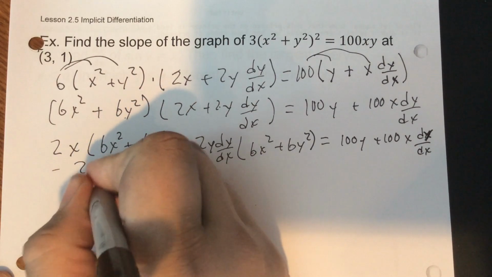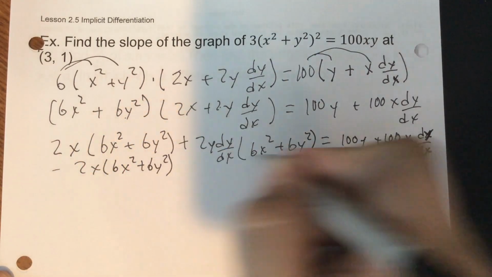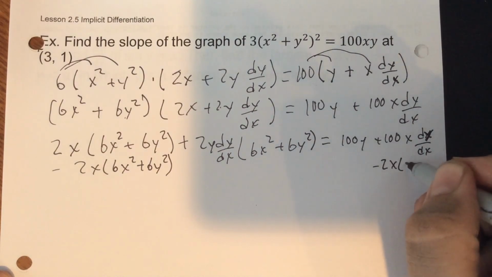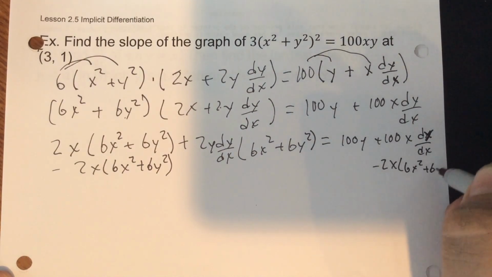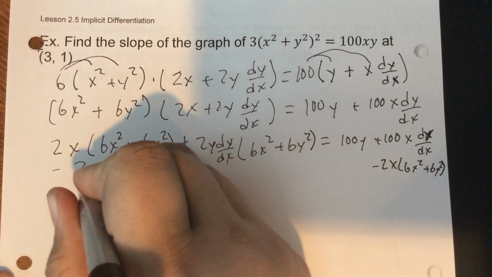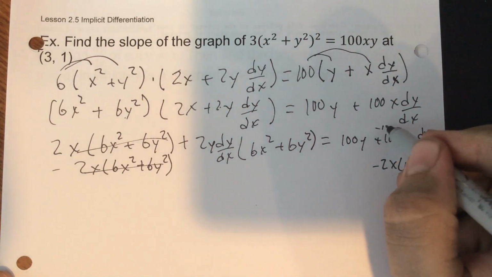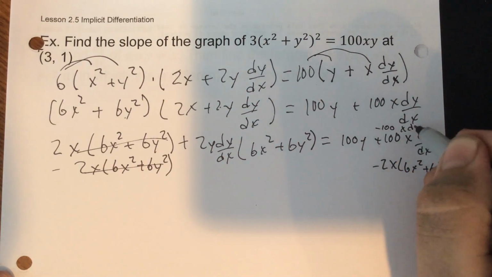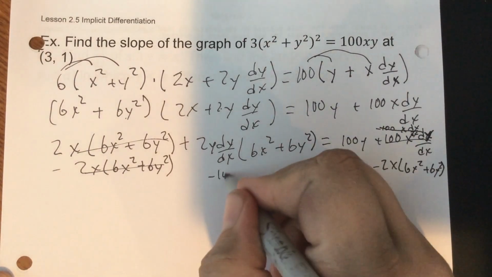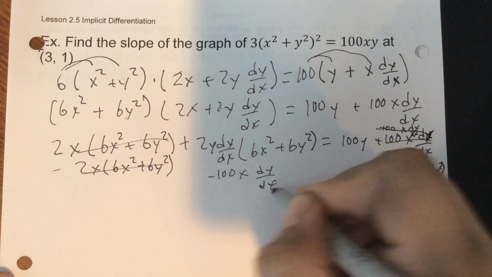We're going to subtract our 2x times 6x squared plus 6y squared to this side, so that is gone. We're also going to subtract this 100x dy over dx, so that'll be gone. So minus 100x dy over dx.